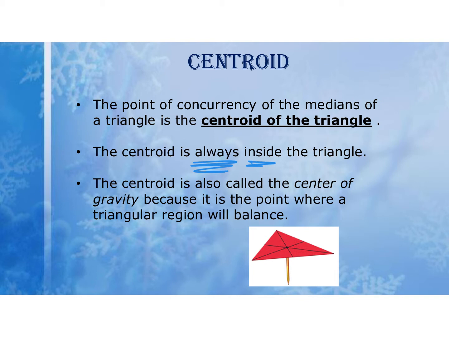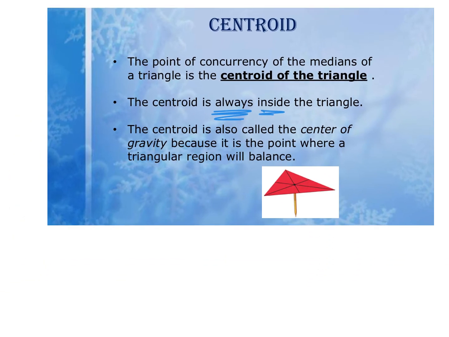Now, just to recap what we did yesterday, so far we've learned 3 different points of concurrency. Yesterday we talked about perpendicular bisectors, and their point of concurrency is the circumcenter.